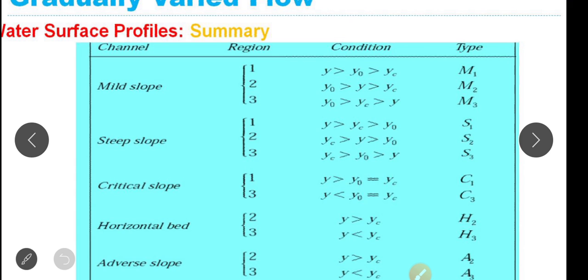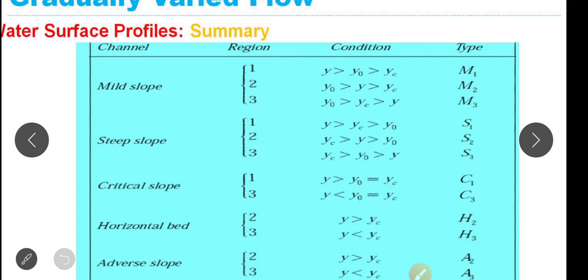What do you mean by zone? Zone 1 is nothing but above the NDL or CDL. In between NDL and CDL, zone 2. In between NDL or CDL and the bed of the channel, we call it zone 3.